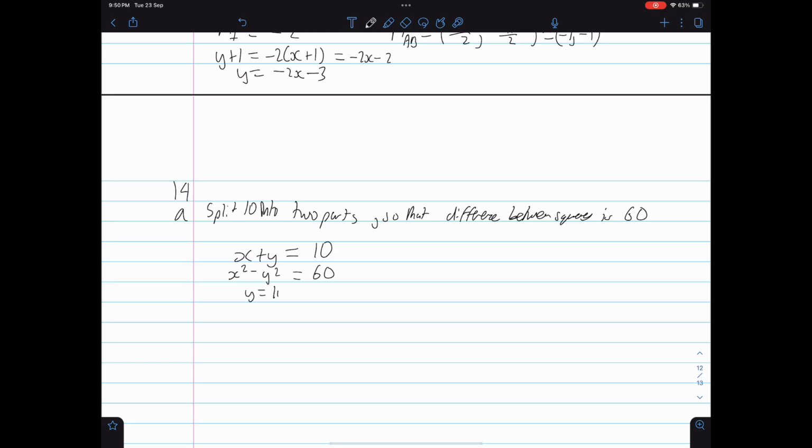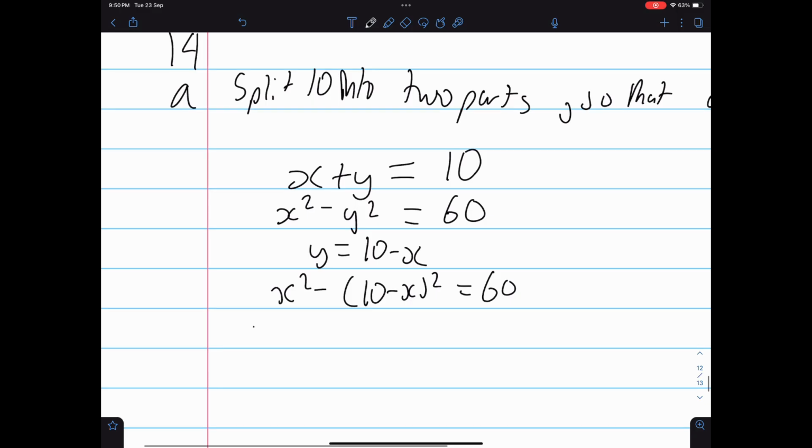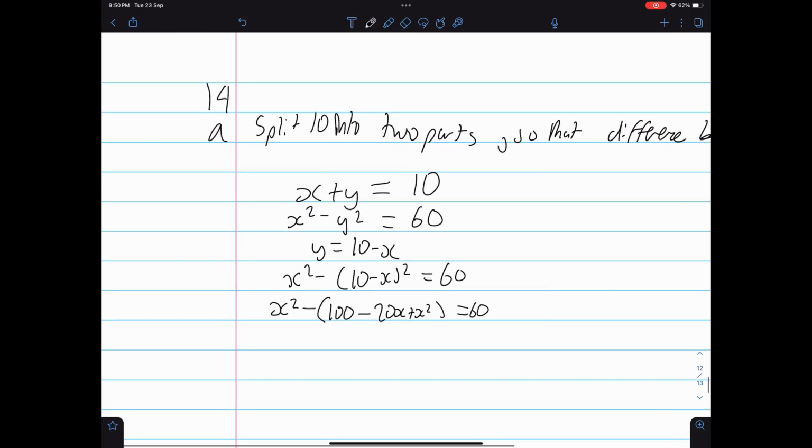So y equals 10 minus x. So we have x squared minus (100 minus 20x plus x squared) equals 60.